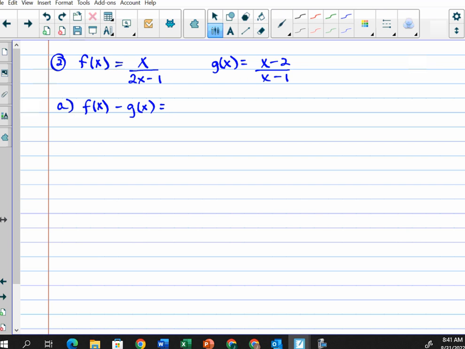A little more work with the common denominator than our last one. Hey guys, we're not going to do a part B, so I don't know why I put part A. We'll just call it question 2.